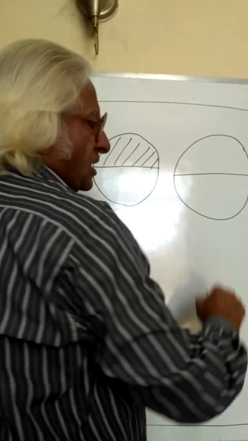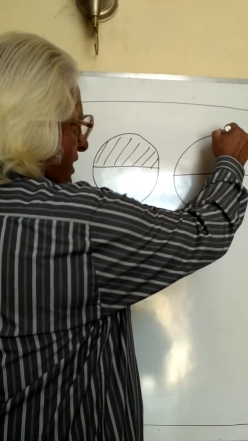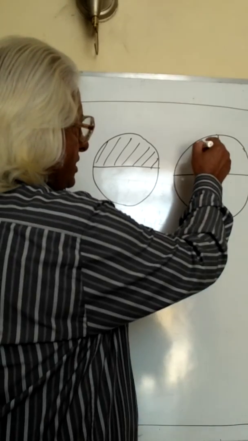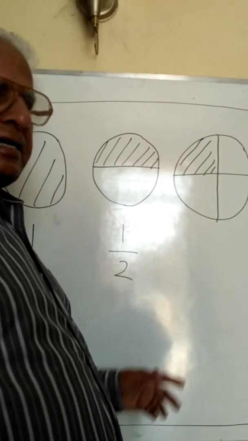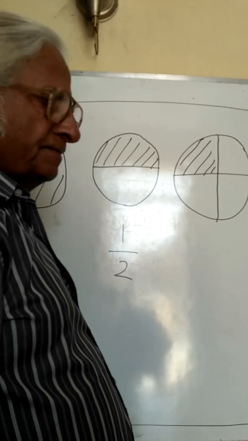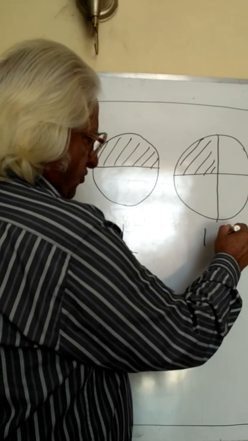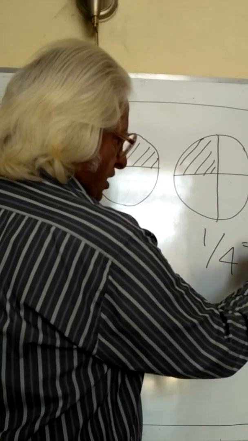This has been divided into 2 parts, and now I am dividing this circle into 4 parts and I shade this portion. Now this shaded portion can be represented as 1 by 4, like this.